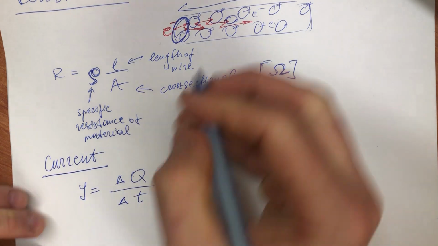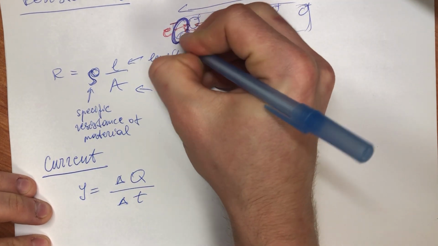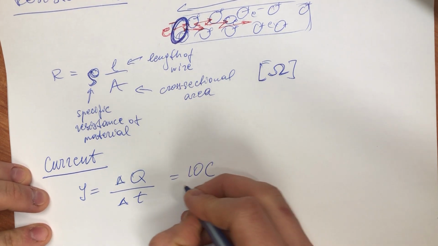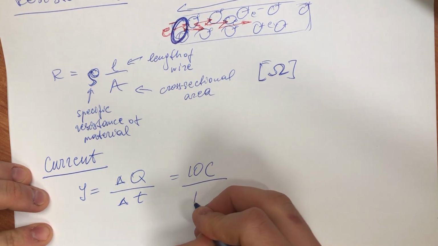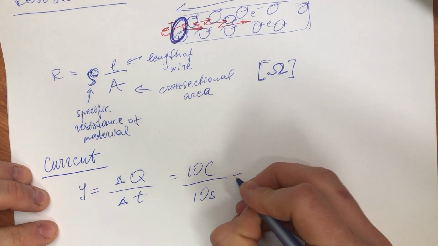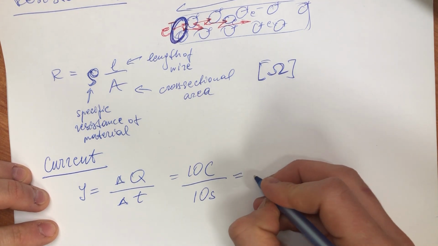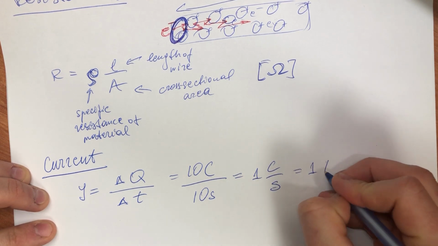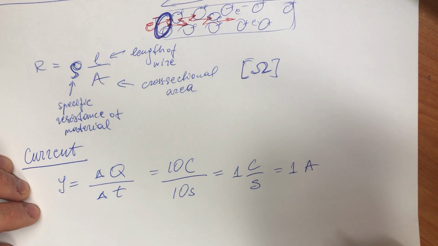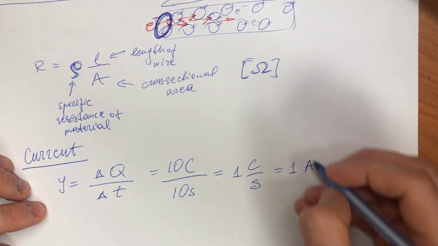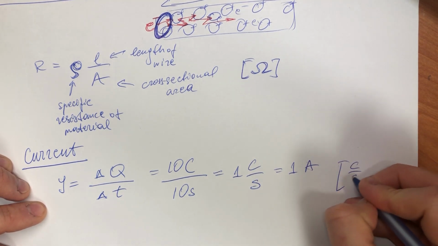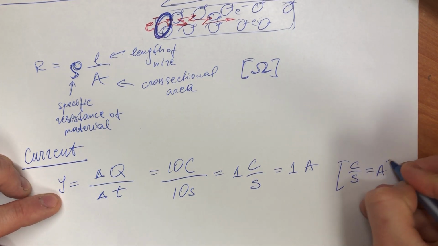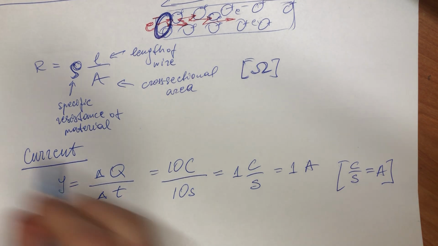Imagine that through this cross section 10 coulombs of charge travel in 10 seconds, so it would be 1 coulomb per second, or 1 ampere. So the units for electric current are coulombs per second, or amperes. So this set is basically done.